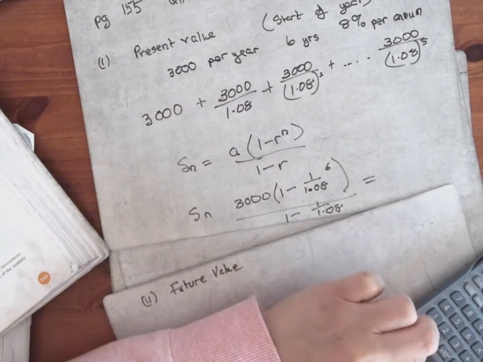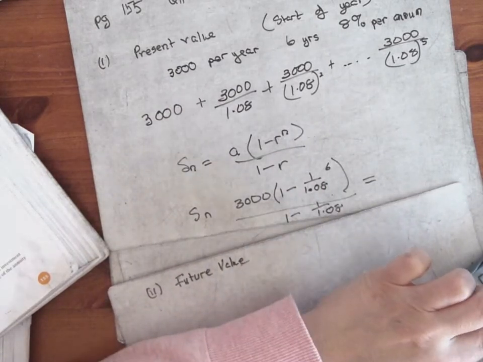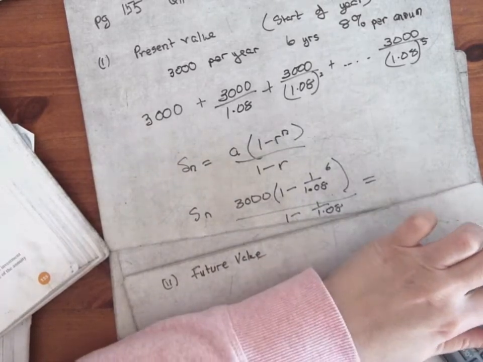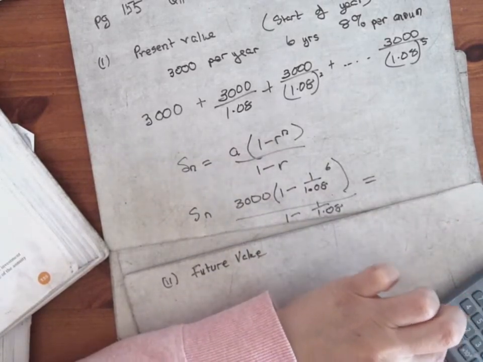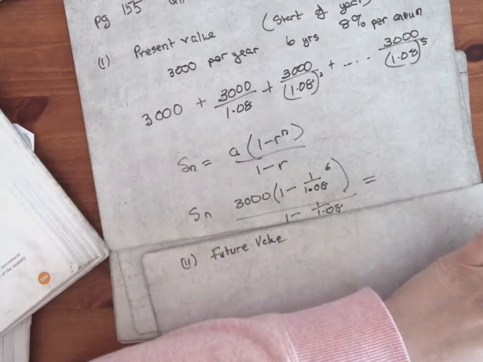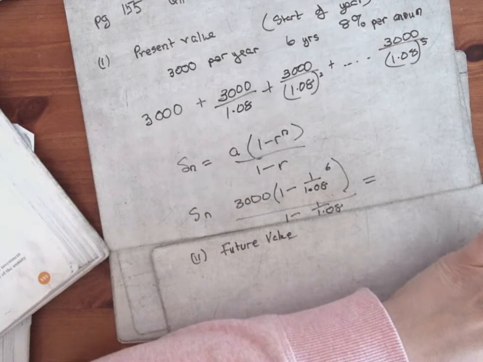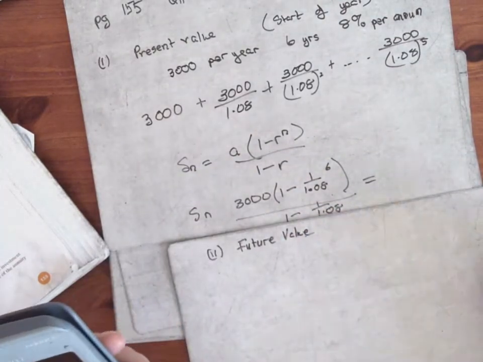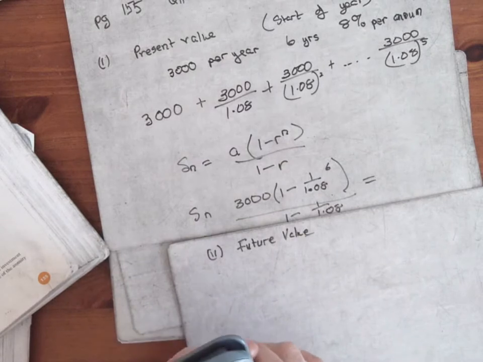So 3,000 open bracket 1 minus 1 over 1.08 to the power of 6. I don't know what I'm actually doing there. Hang on a sec.